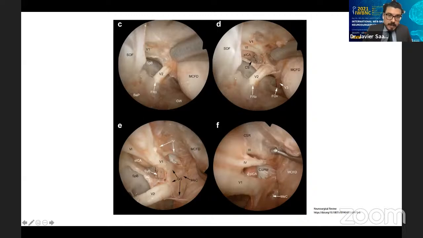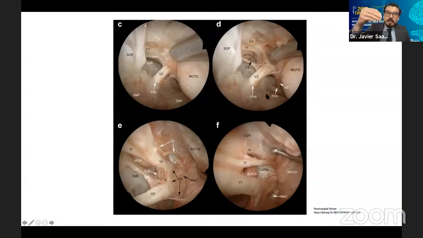Then if you keep staying extradural, you will find these structures. You will find the trigeminal nerve branches. You will have the maxillary nerve exiting through the foramen rotundum. And this is the superior orbital fissure. This is the ophthalmic nerve, and this is the greater wing of the sphenoid.